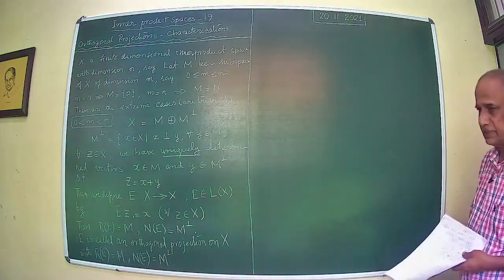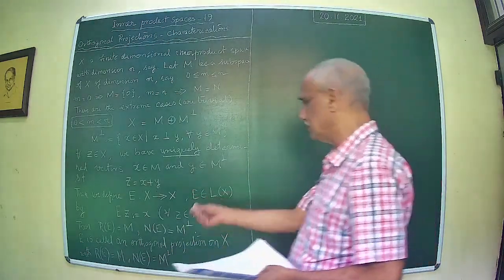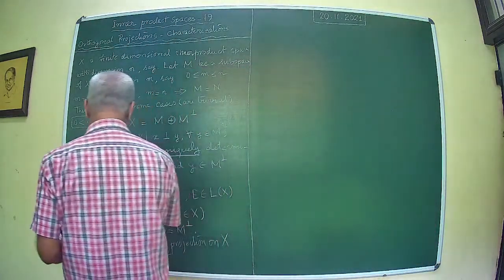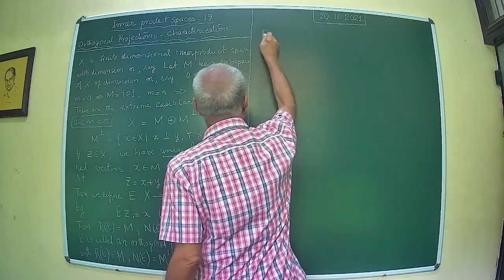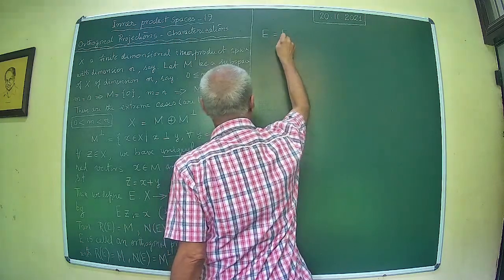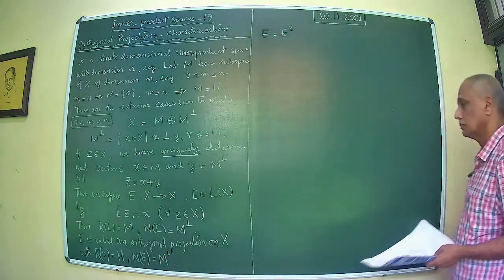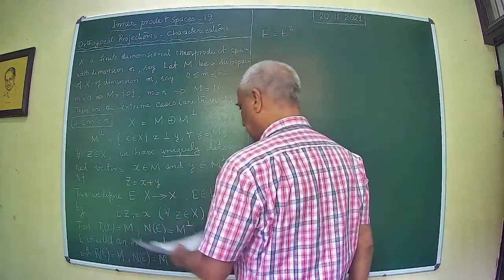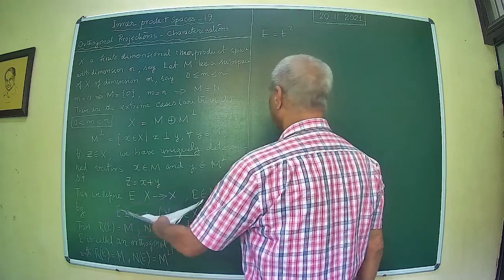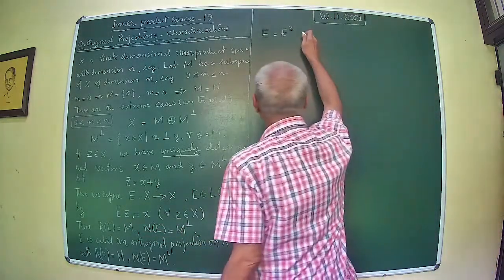So we have seen that E is a projection, that is not difficult. This definition makes E a projection because we note that E is equal to E square, and you can directly verify that.